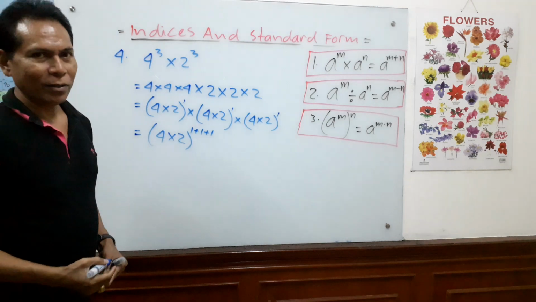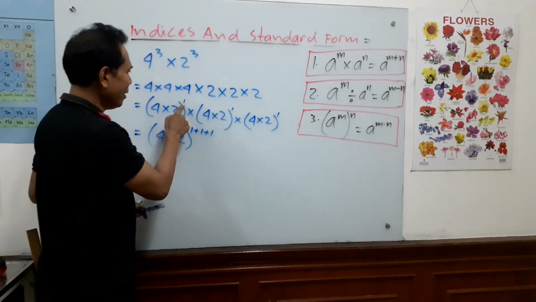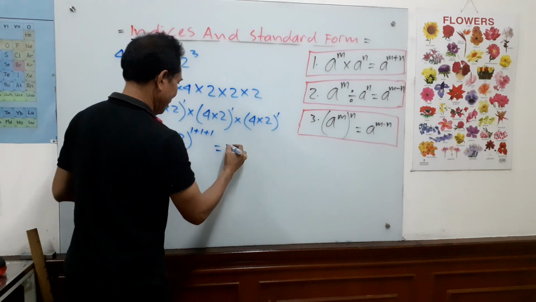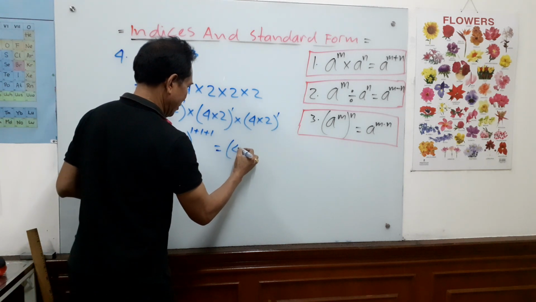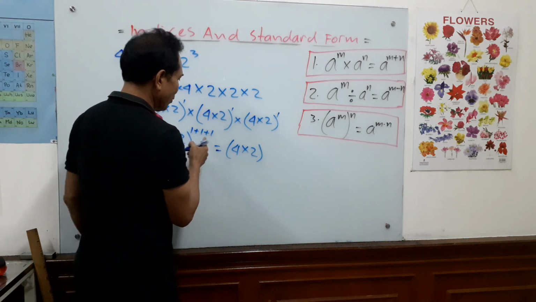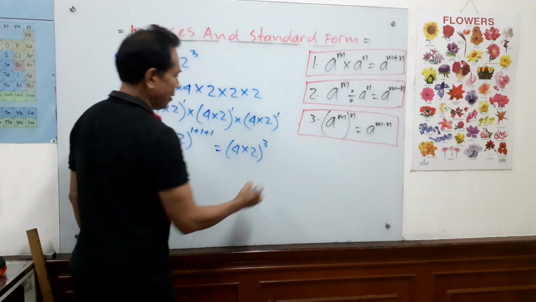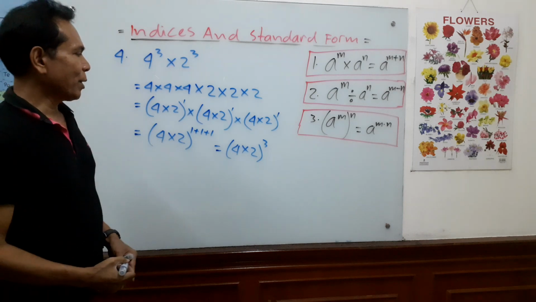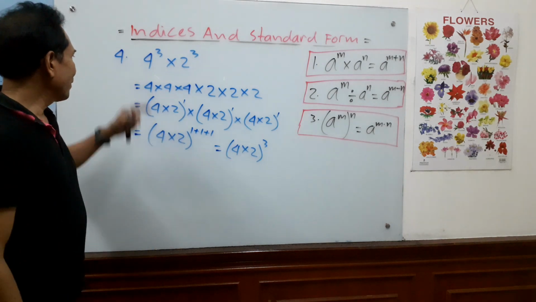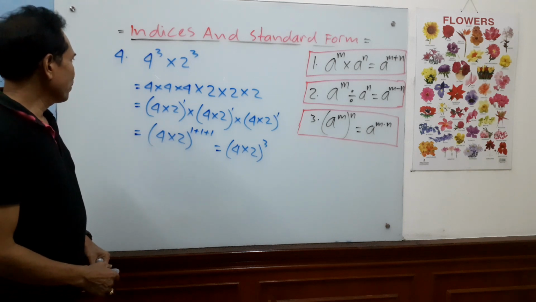I put it like that so you understand. 1 plus 1 plus 1 equals 3. So 4 times 2, power 3. That is your final answer for this question.